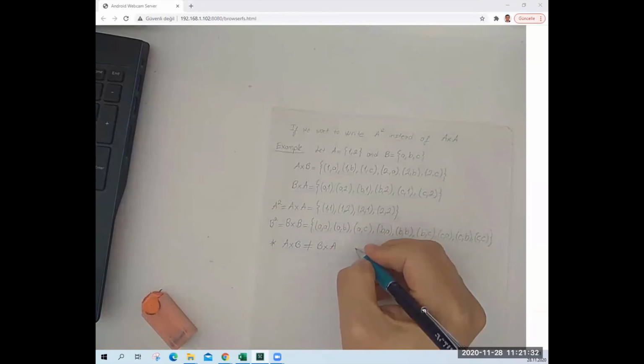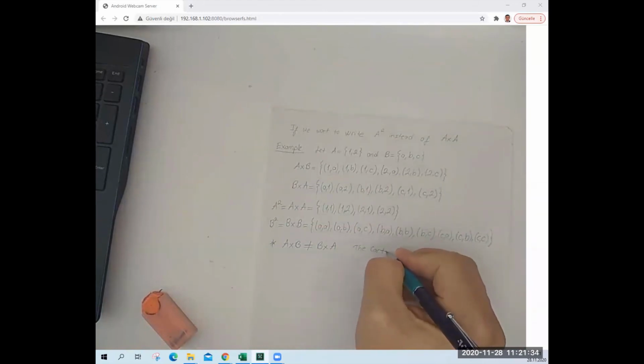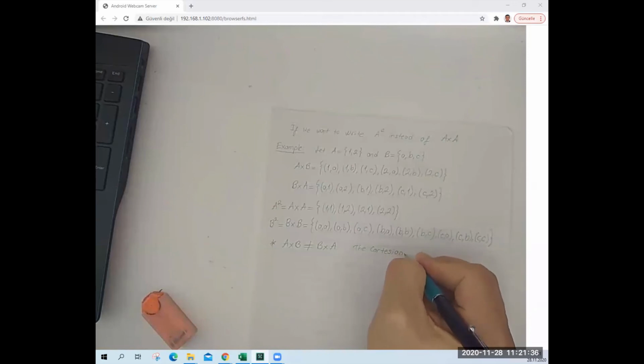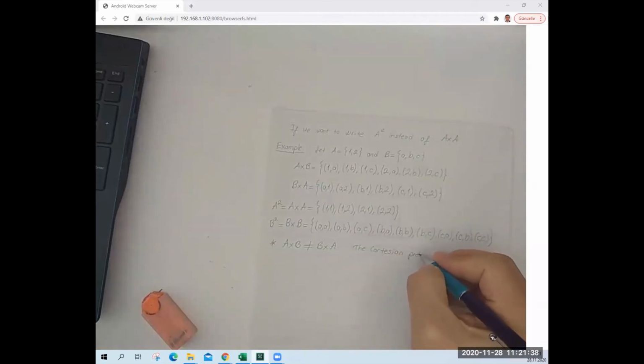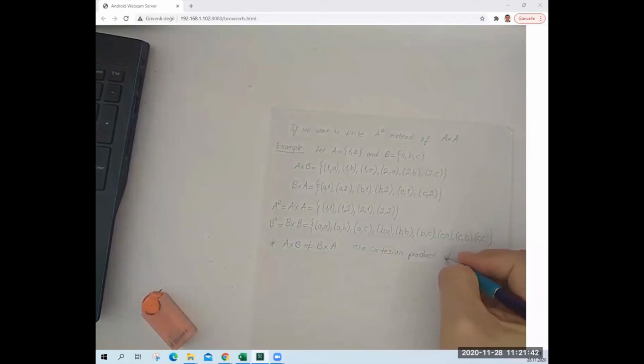The Cartesian product deals with ordered pairs.